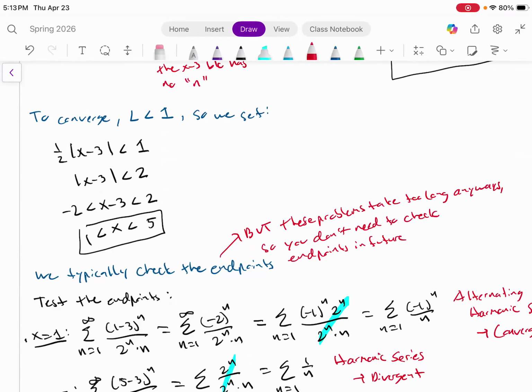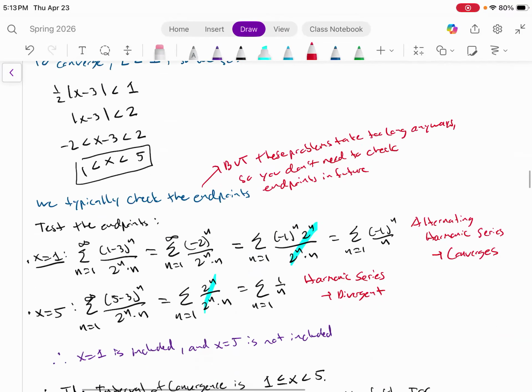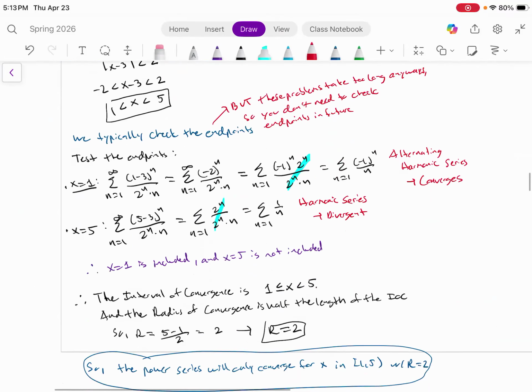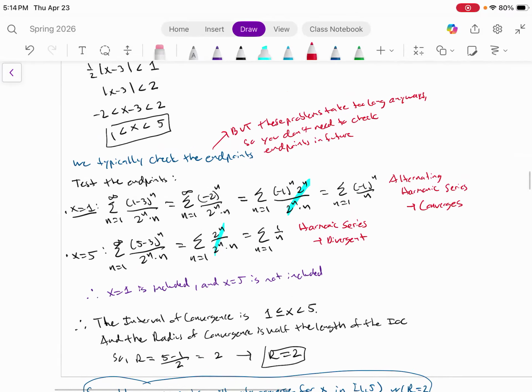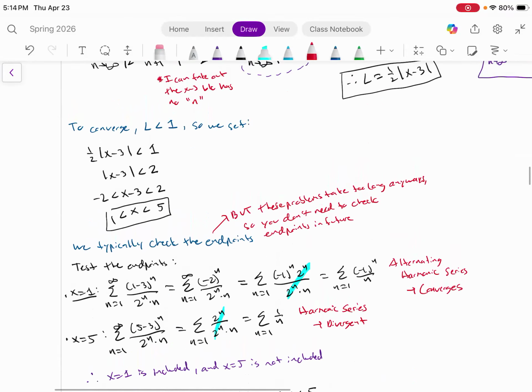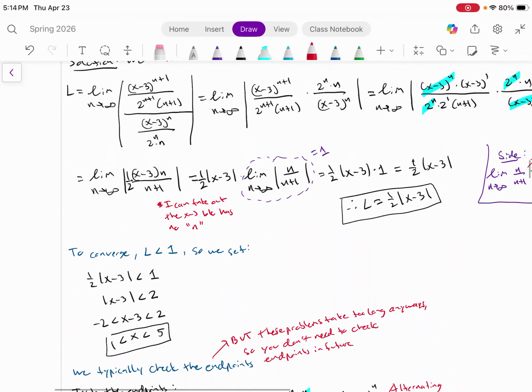This was just me showing and reviewing a bit about testing for endpoints, but this isn't a big sticking point when we do these problems. I just want to show you this one time so you remember a little bit. But when you're doing these, you don't have to test the endpoints. So just get your interval of convergence, get your radius of convergence, and you should be good to go.